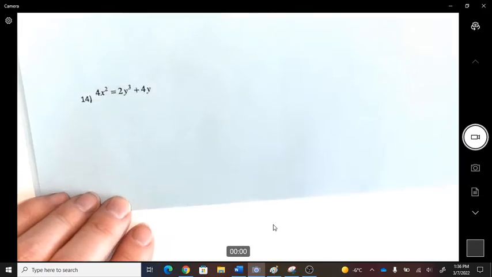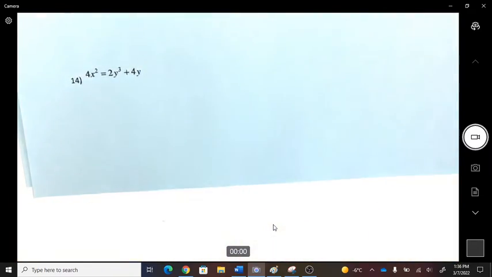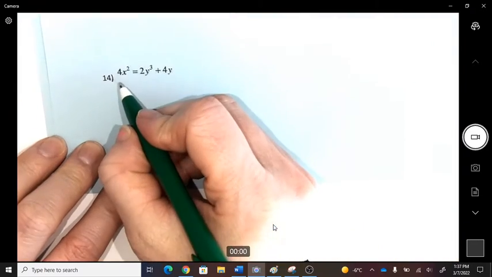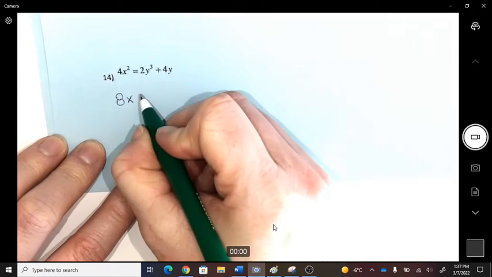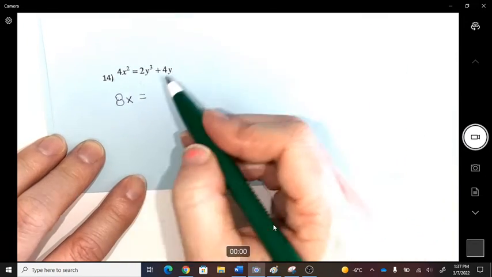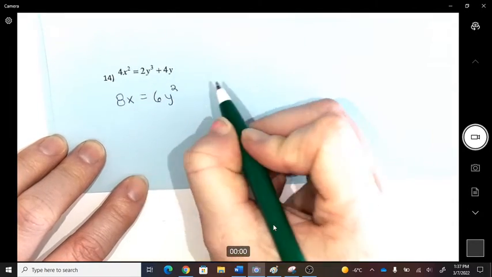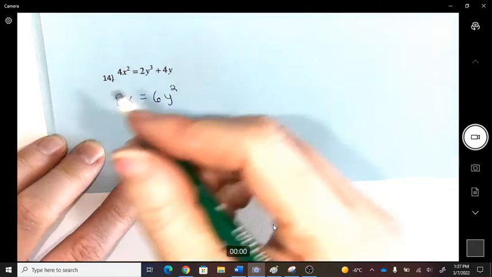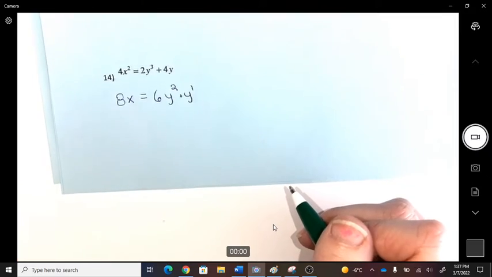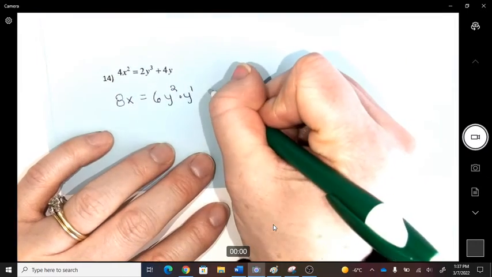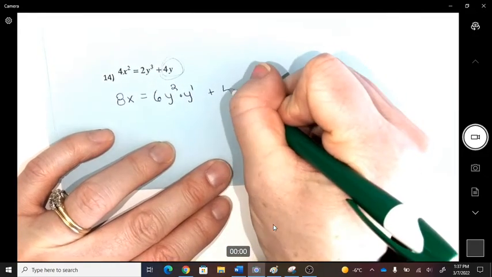Okay, number 14, is that implicit? Because looking at it, I got my x's and my y's all mixed up, right? Okay, so I'm going to derive. So this is 8x. The derivative of this, 6y squared. But what happens as soon as you derive a y? You attach a y prime. Plus, so that derivative is 4.